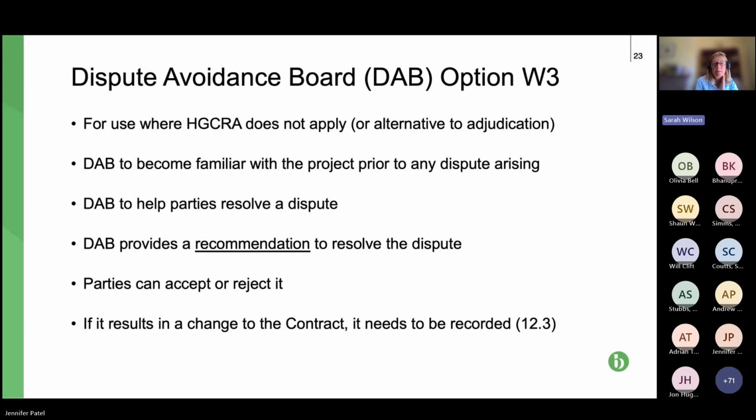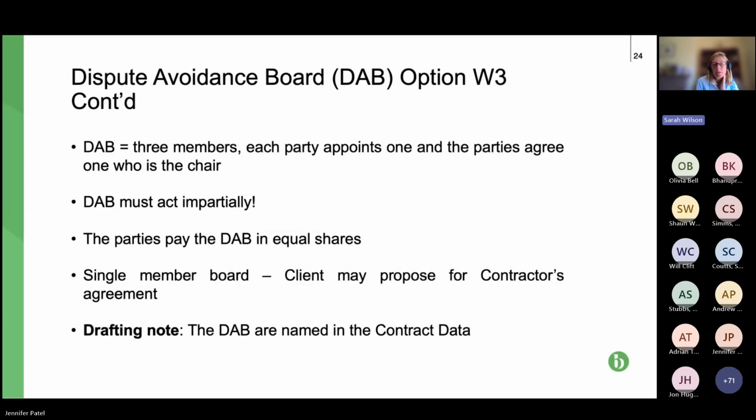So the next slide. The reason that I don't think it'll be used very much is that typically it would involve 3 members. They've got to act impartially. They're paid in equal shares. But as I've said, they're involved from the outset.